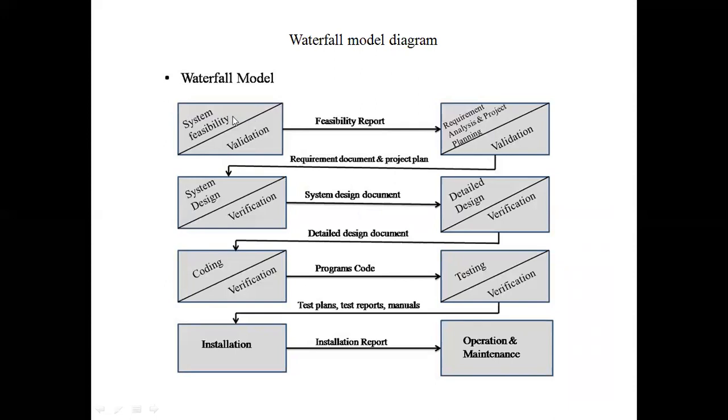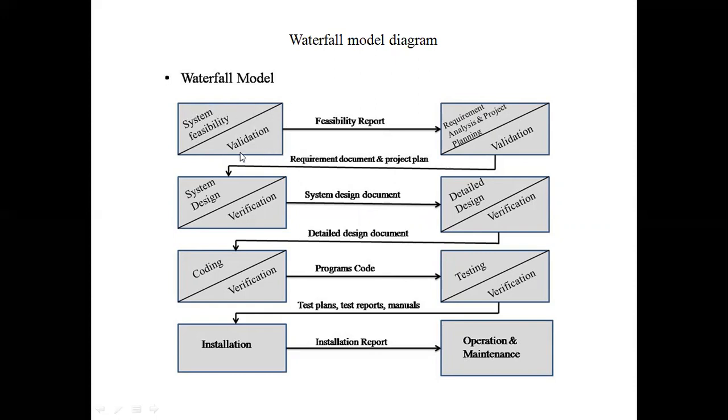As you can see, there are certain stages involved. A total of 8 phases or stages are involved in the waterfall model. This is a very systematic model and is still used in industry, serving as a guideline in software development.